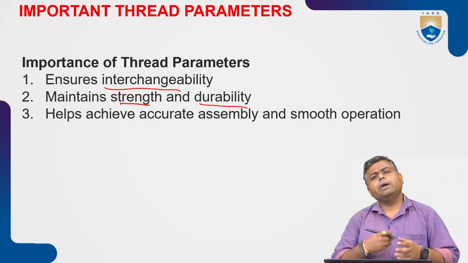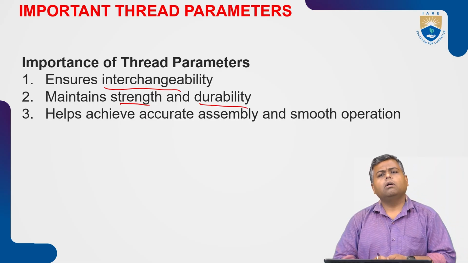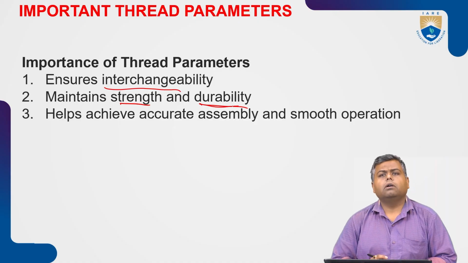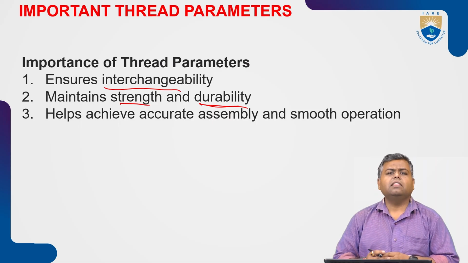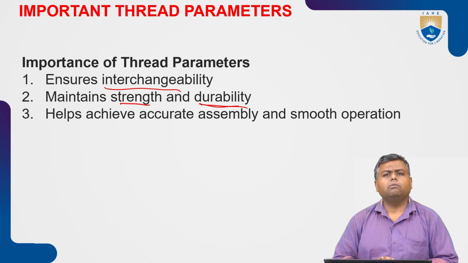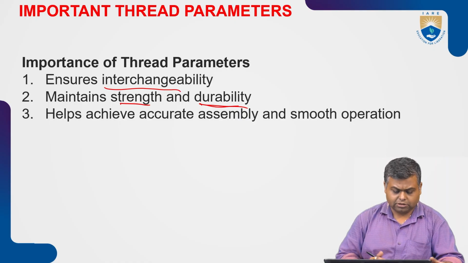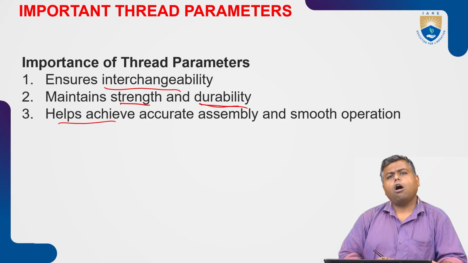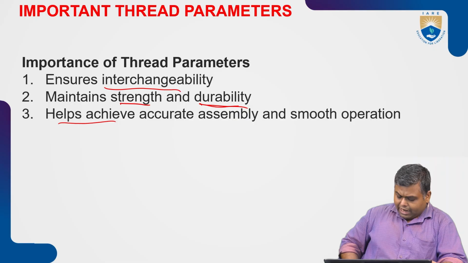There might be many joints which will have a working application of more than 10 years. At that point, durability comes into action. Otherwise, generally, the strength part is the most important with respect to the thread parameters. So it helps to achieve accurate assembly and smooth operation. So these are the three importance of thread parameters.